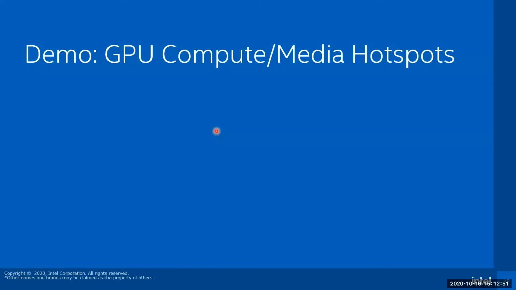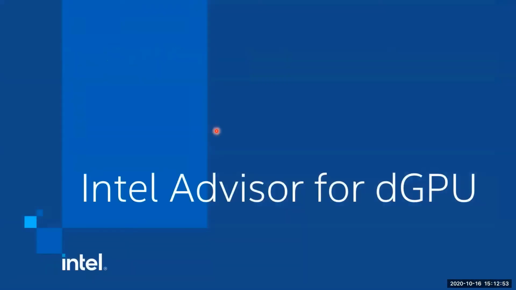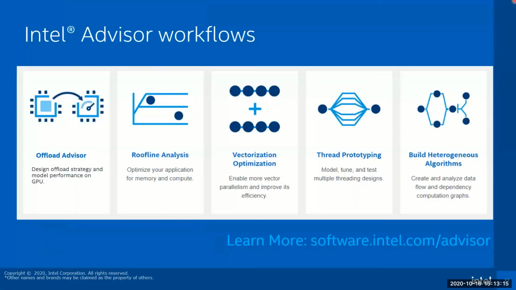So the next topic in the presentation was the Advisor. Professor Ilic described this cache-aware roofline model, which was implemented in Advisor for a long time, and he was actually contributing to that work. And just to give a quick overview of Advisor, it's actually more than just roofline analysis.